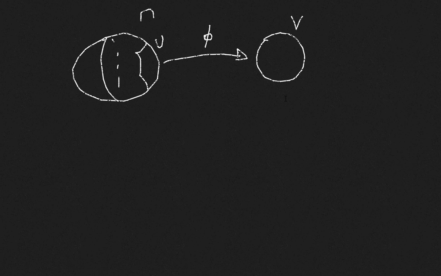So we have M, and we have U, our coordinate chart, going to V in R^k. Now we take a smooth map to the real line.